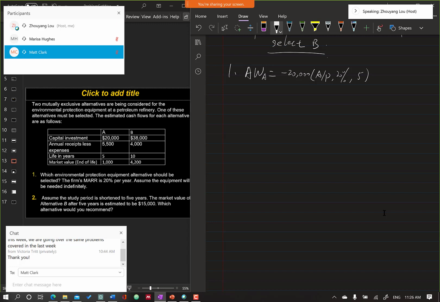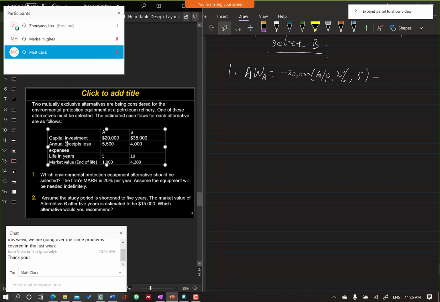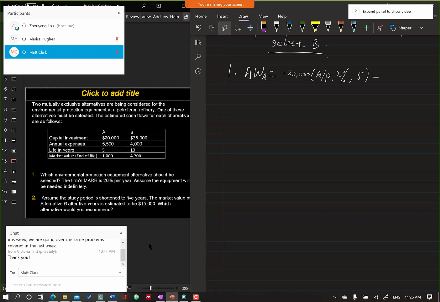So that's for the capital investment. Then the annual expenses would be minus 5,500. That's already in annual value, so we don't need to do anything there.